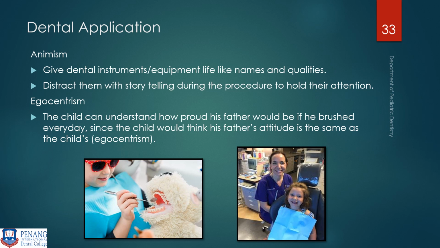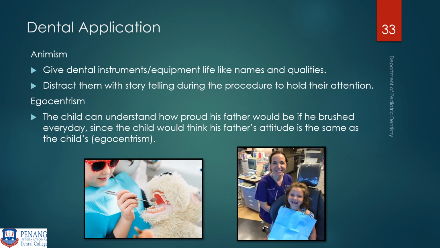The child will develop a relationship with the handpiece because now he is able to understand because of animism. Another way is to distract the children with storytelling during the procedure to hold their attention. You can tell them make-believe stories, and they will have no problem believing that it's true. So you can use storytelling for children in this particular age group.